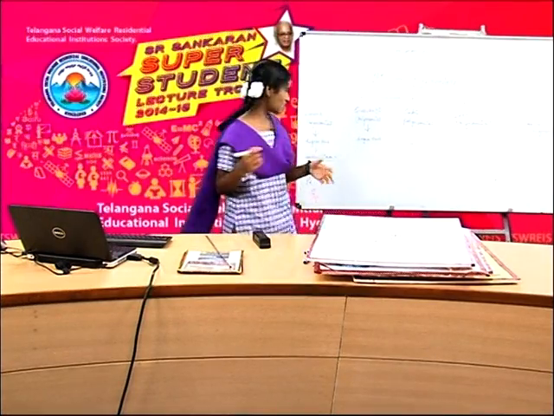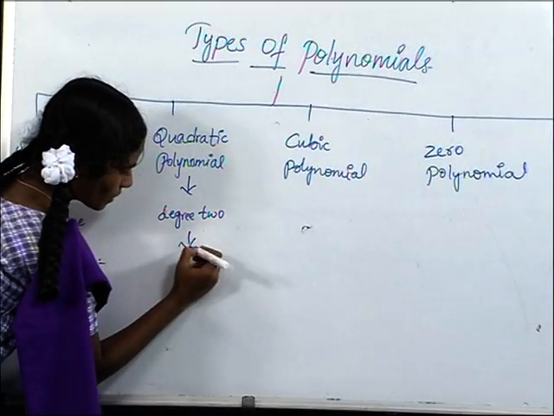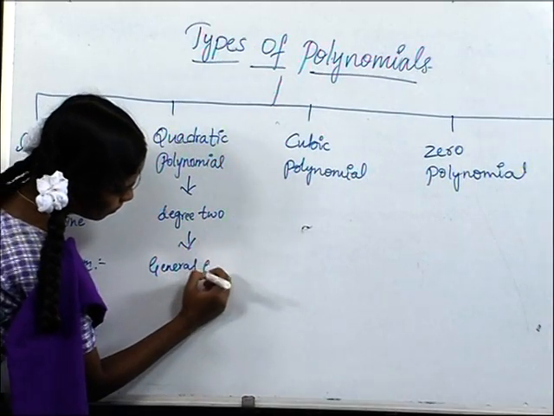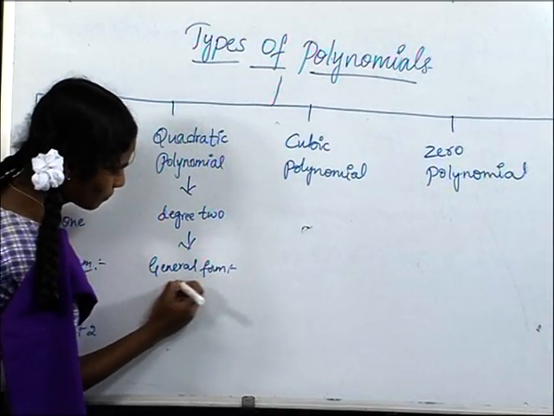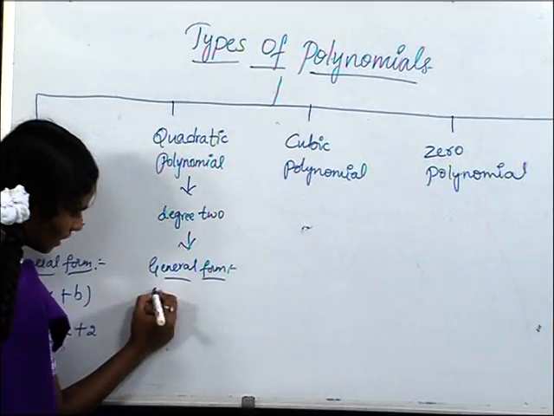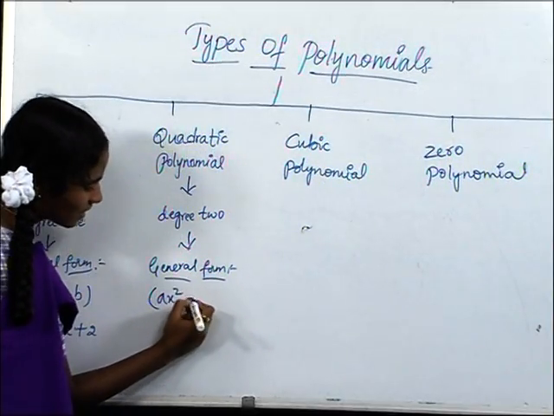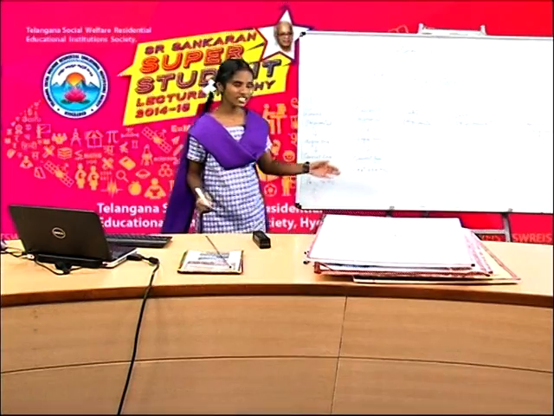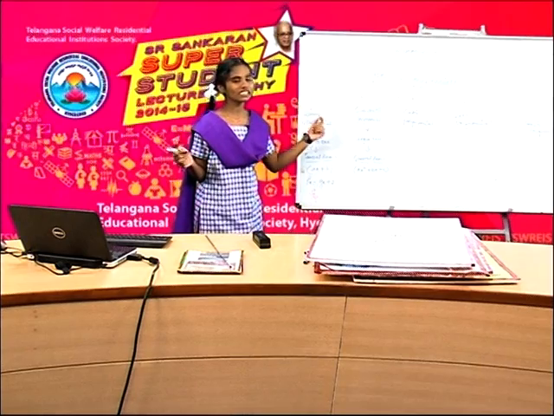The general form of a quadratic polynomial is ax square plus bx plus c. Friends, this is the general form of a quadratic polynomial.